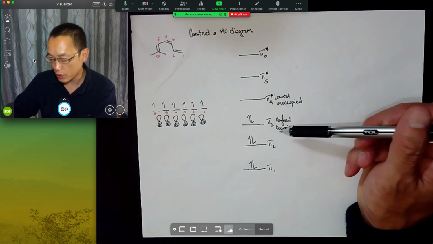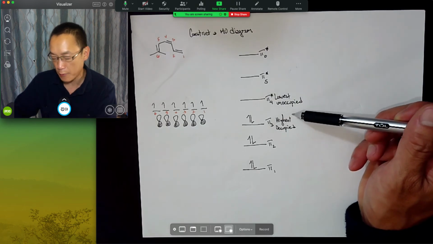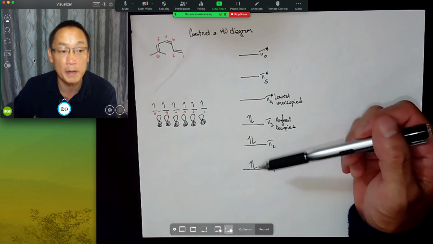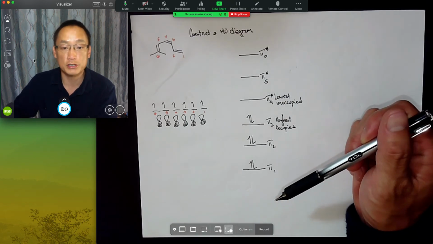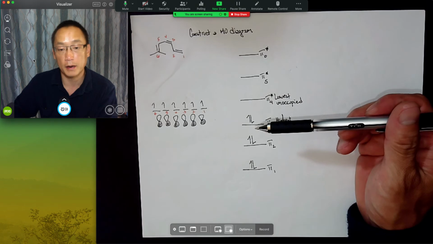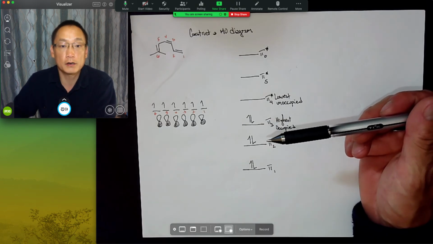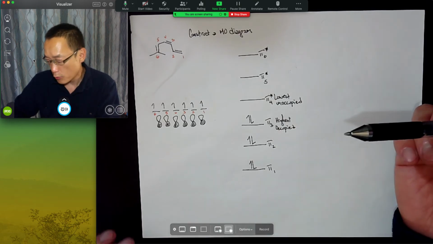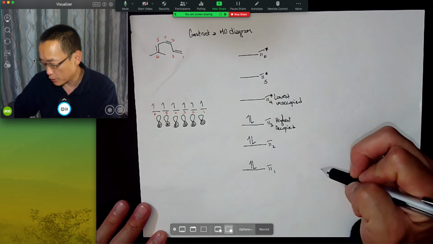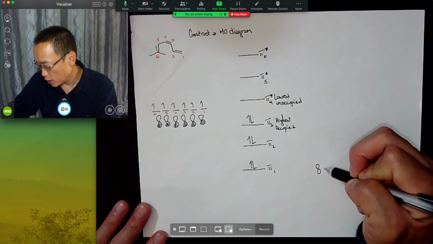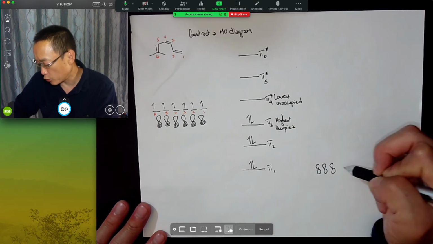We know which is the highest occupied. We know which one's the lowest occupied. We know how many there are. We can already tell which are anti-bonding, which are bonding. And so there's a lot there that you can know without really having to know everything about the actual shape of the molecular orbitals.